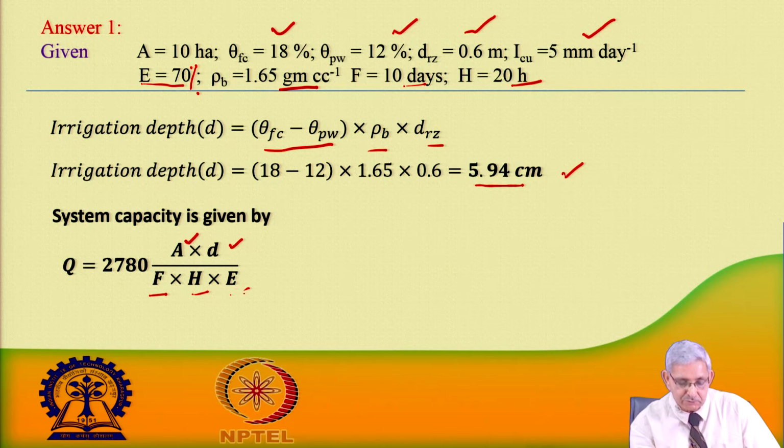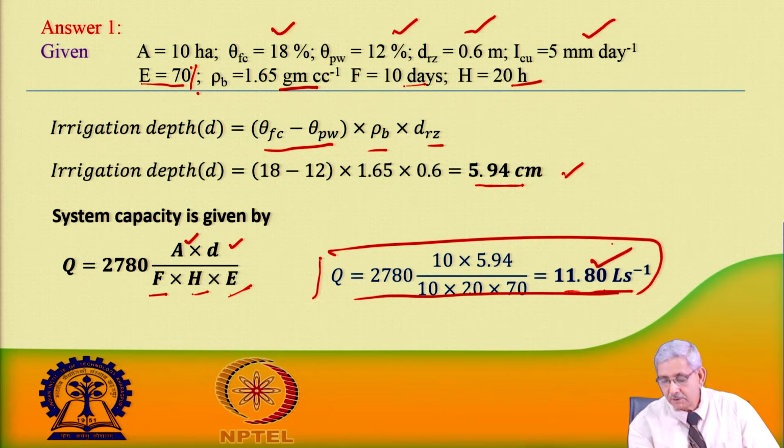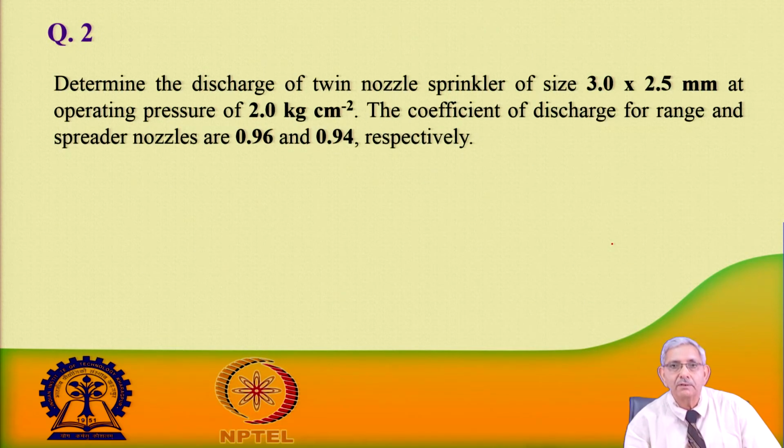This is in percentage, so this will be used as such. So, we are getting this value as 11.80 liters per second. This is the system capacity, means our pump should be of this capacity to irrigate the whole crop. This is the solution of that particular problem.